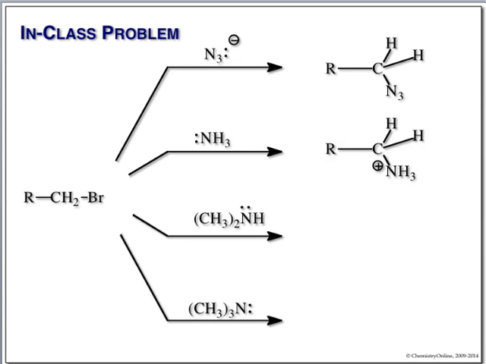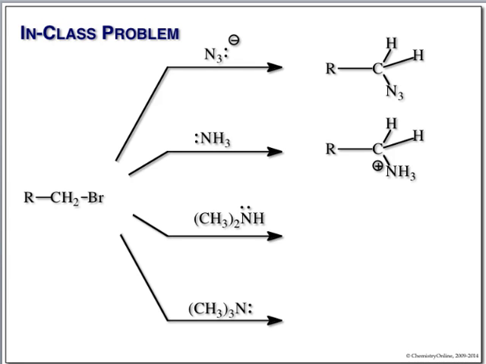Initially, the product is going to look like this, because we have 4 things bonded to our nitrogen now, don't we? Remember, ammonium, NH4, 4 things on nitrogen, it's positive. So initially we would form the ammonium ion. In reality, this will undergo equilibrium ionization and give you the free amine.